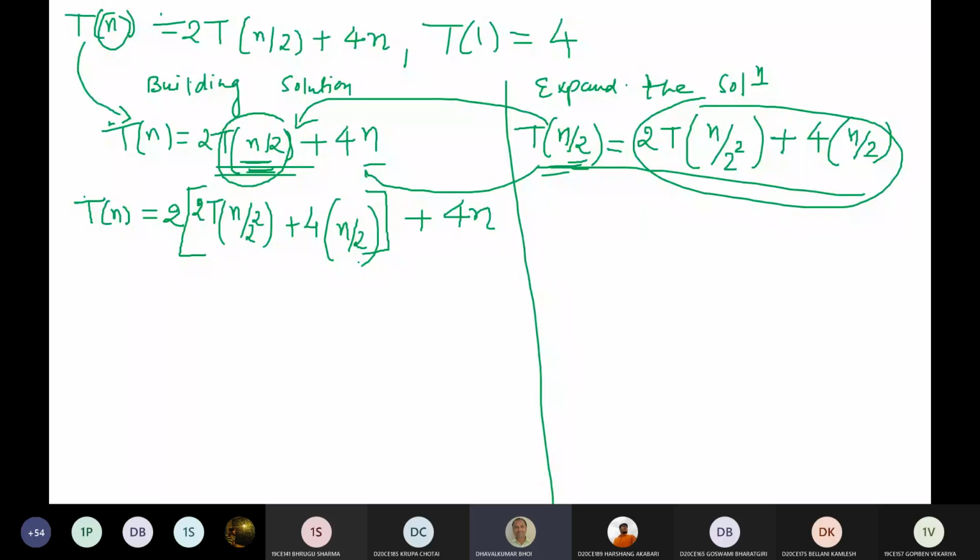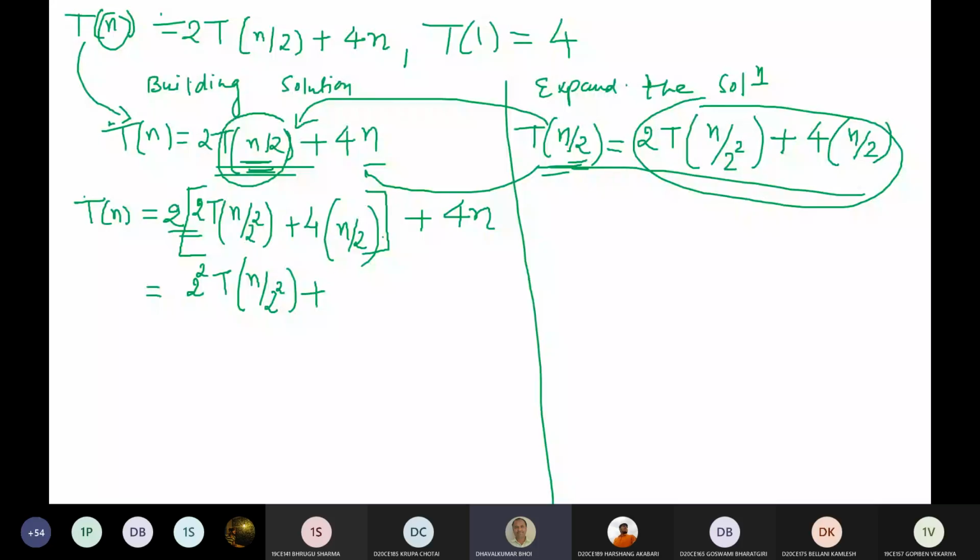Anybody having any doubt so far? Students, do you have any doubt so far? No, sir. Okay. So can we write this 2 into 2, that will be the 2 square? Can we write like this? So it is going to be equal to 2 square t of n divided by 2 square plus, what will happen? 2 and 2 get cancelled out.